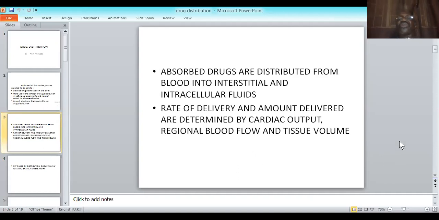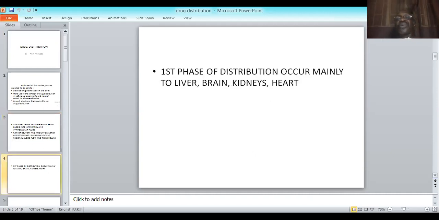So the rate of drug delivered and amount delivered during distribution are determined by cardiac output, regional blood flow, and the tissue volume. That's what I've said so far.